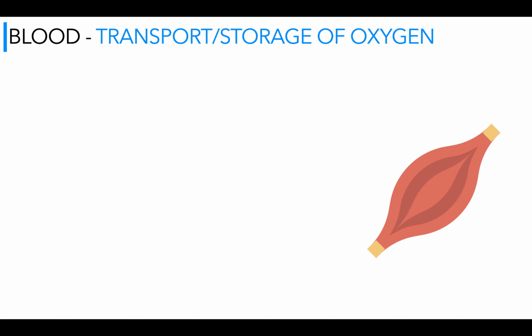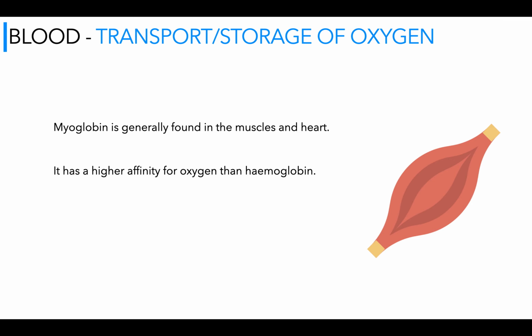But we also have the storage of oxygen in myoglobin, which is generally found in the muscles and in the cardiac muscle, the heart. Myoglobin has a higher affinity for oxygen than hemoglobin, which is a nice point to make in an exam question that asks you to compare.